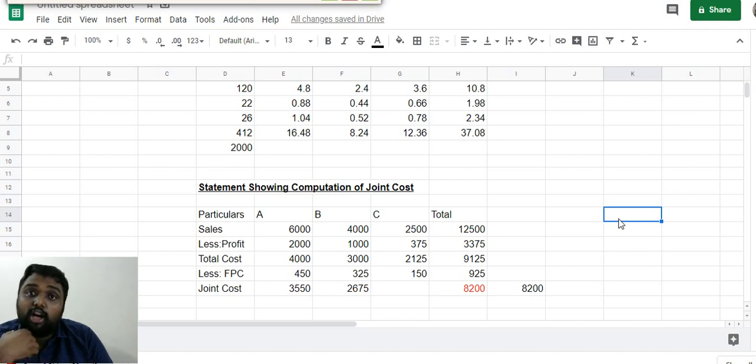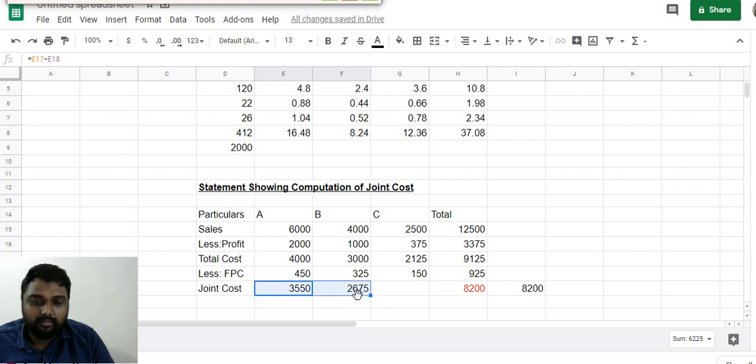We know the total is 8,200. A and B also we know. How to get C? It's very simple. If the total is 8,200, and you reduce the total of A and B, then the balancing figure will be C.